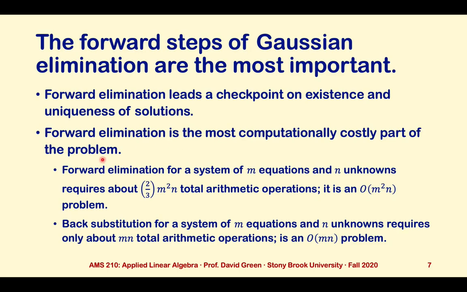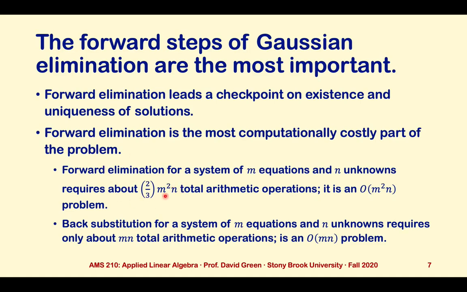When I earlier discussed how forward elimination is an n-cubed algorithm for a square system, in the case of a rectangular system of m equations and n unknowns, it actually turns out that it's 2/3 m squared n, where m is the number of equations and n is the number of variables.